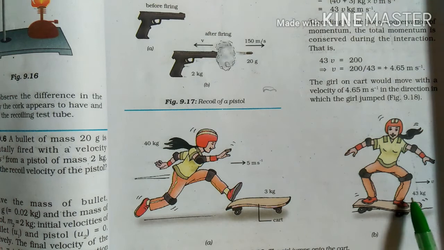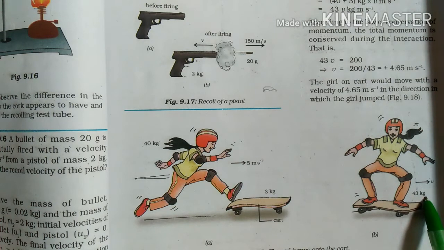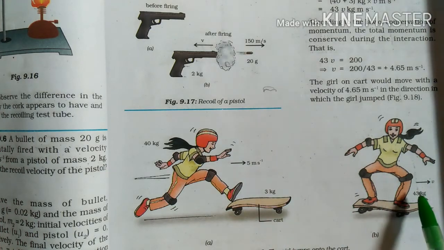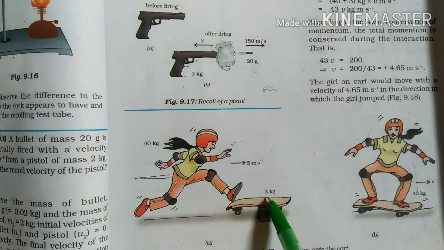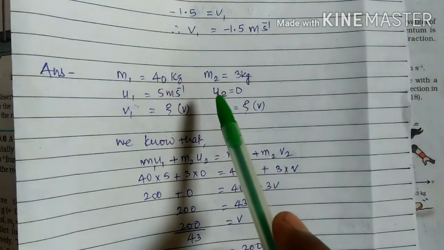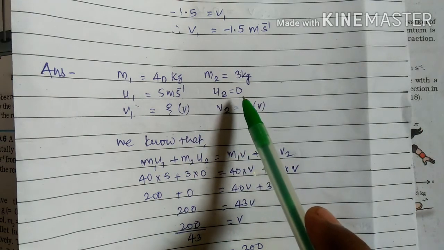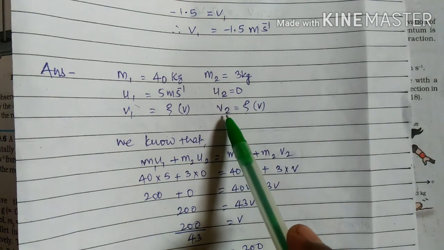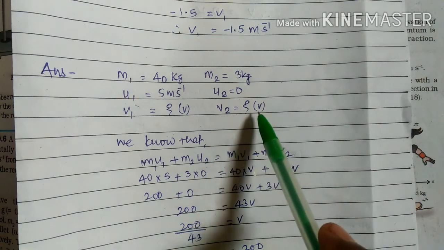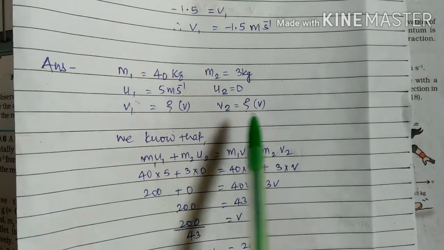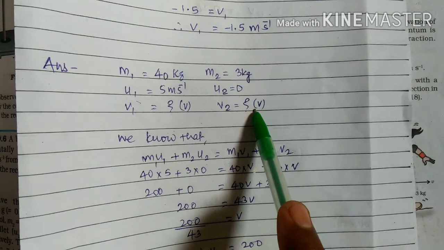I have, where it comes, 43 kilogram. Now its mass of velocity is only 3 kilogram. That's why we have taken here M2 3 kilogram, U we don't know, that is initial velocity 0, and final velocity V2 we also don't know.